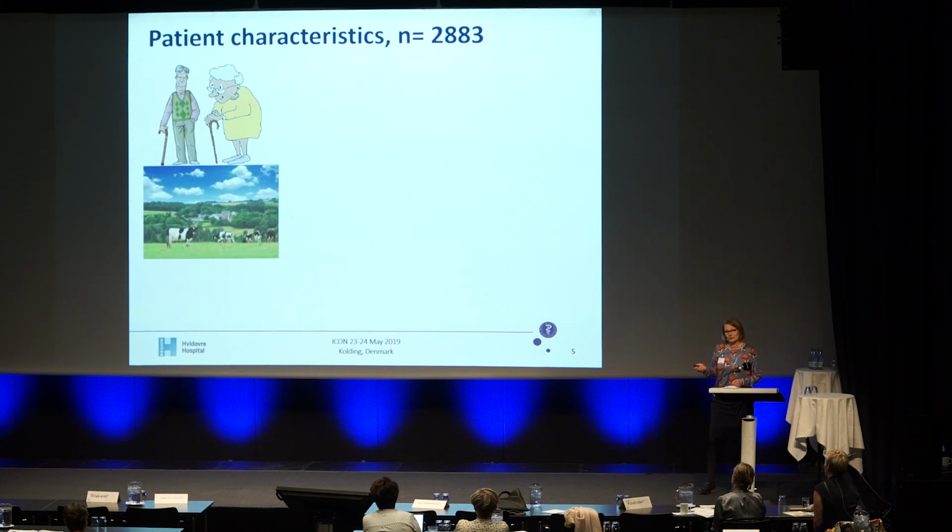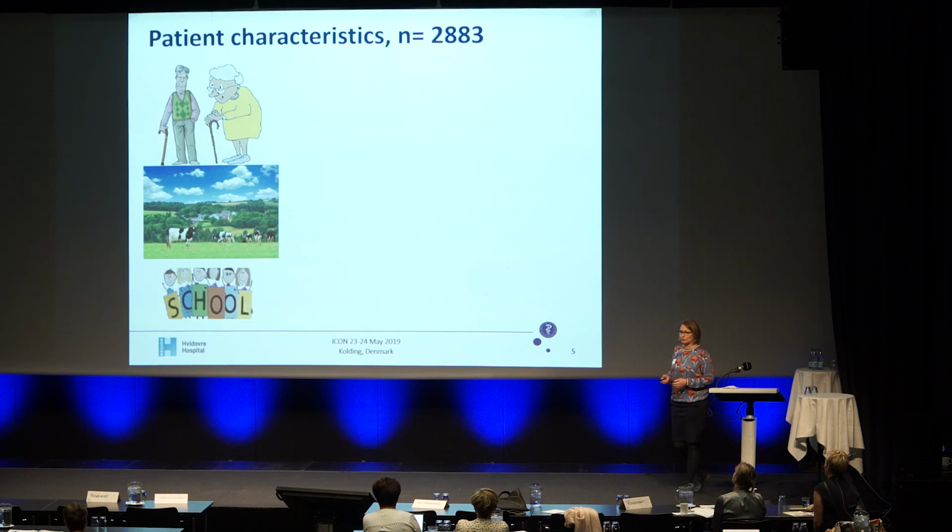I come from Copenhagen, so I thought most of the patients were in the big cities, but they're not. 65% are living outside the larger cities in Denmark. And we also looked at their education level, and 88% of these patients, the vast majority, have just what we call a public school education.